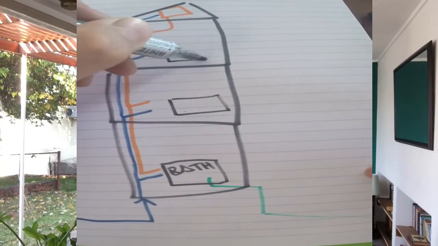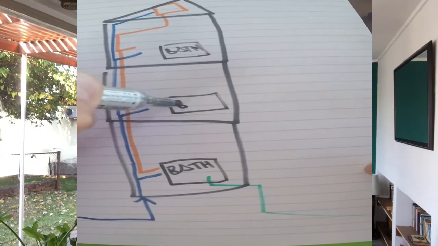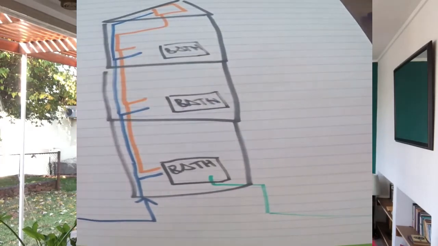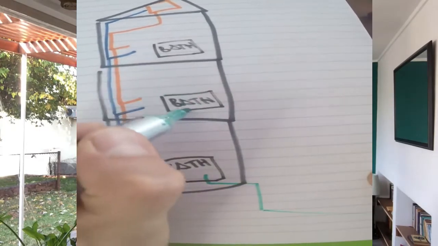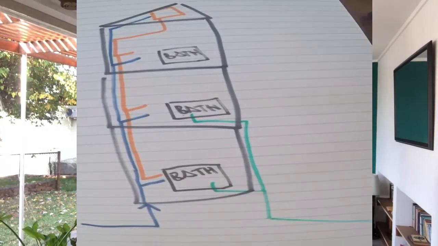We've got the same on all 3 floors, so we've got a bath, a bath, a bath. When I pull the plug on these, they all go down into a pipe and then they go out. But where do they go to?